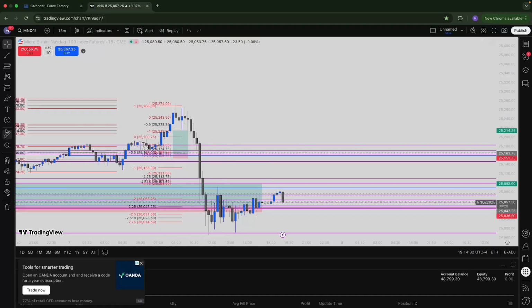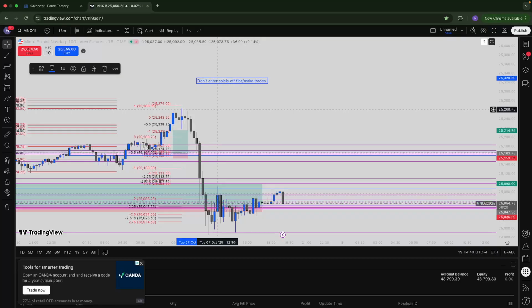Just don't enter solely off fibs, or trade off fibs, and also find ranges within highly executable PD arrays, inside with the fib. I think those are my two main work-ons.